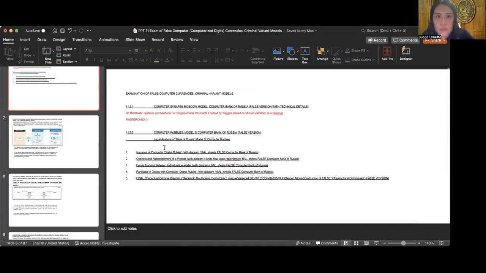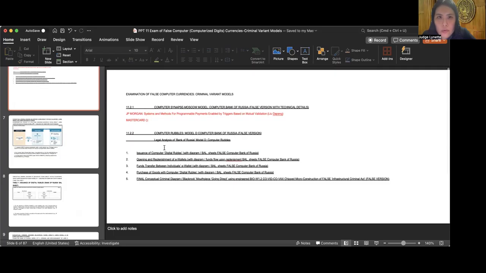Now, to further understand this and apply this, I used an alternate computer virtual Bank of Russia, the diagram and the balance sheet to explain the meaning of going direct.